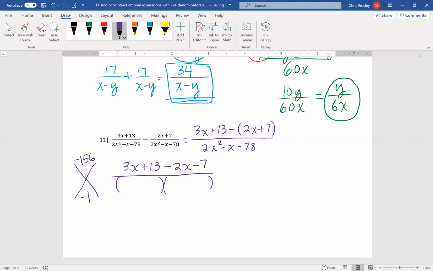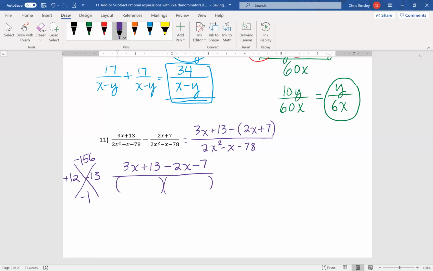And I'm actually using my calculator to find those factors because those are pretty big numbers. And let's see, we're looking for two numbers, and I see them right here, a 12 and a 13. If we want a negative 1, we want plus 12 and minus 13.